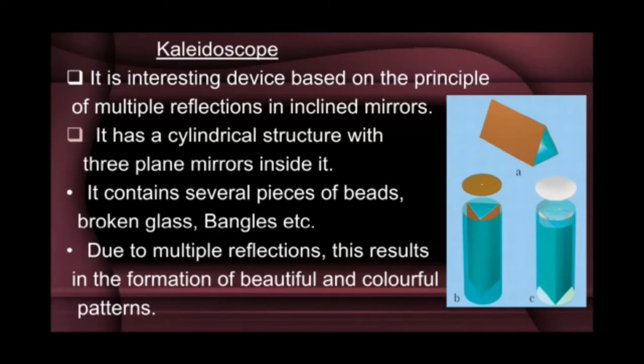The observer can look into the kaleidoscope from one end and the light enters the kaleidoscope from the other end. Due to the multiple reflections, this results in the formation of beautiful and colorful patterns.